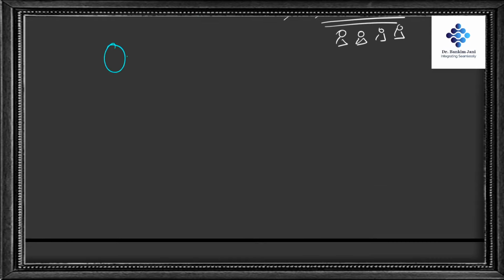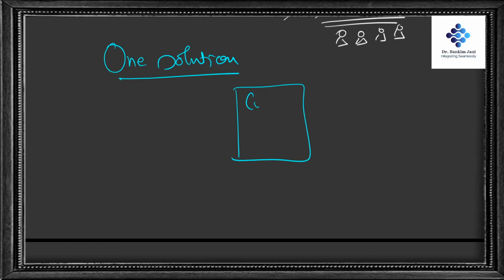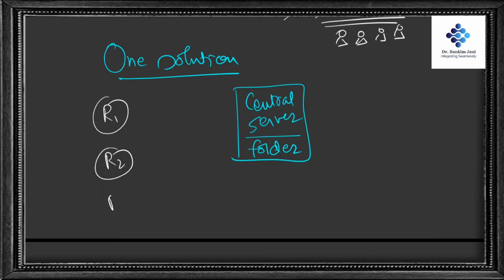So one of the solutions is that we start keeping a central server. Let's keep a central server. In the central server there would be a folder. In this folder are all your routers, let's say R1, R2, R3, right?